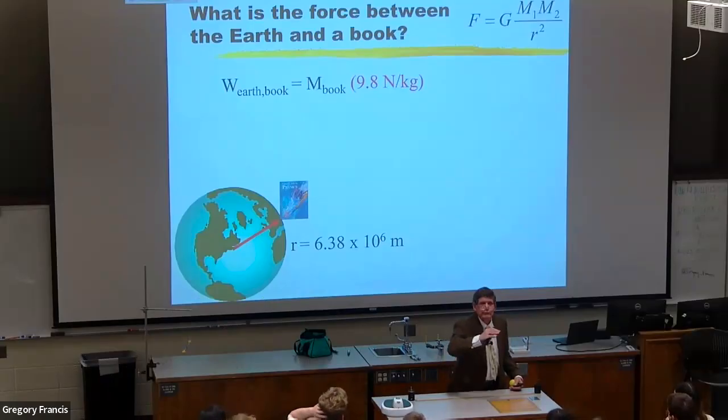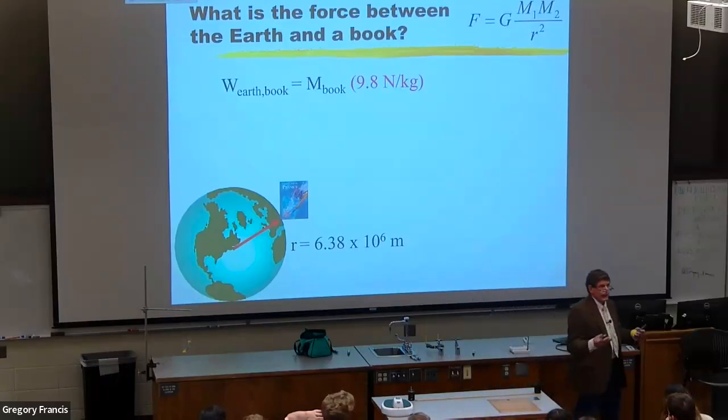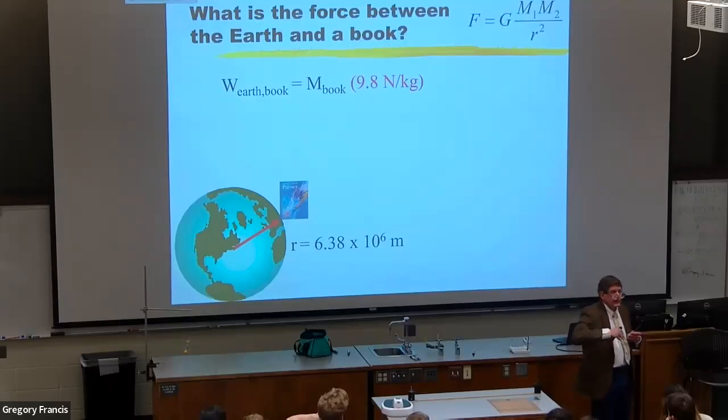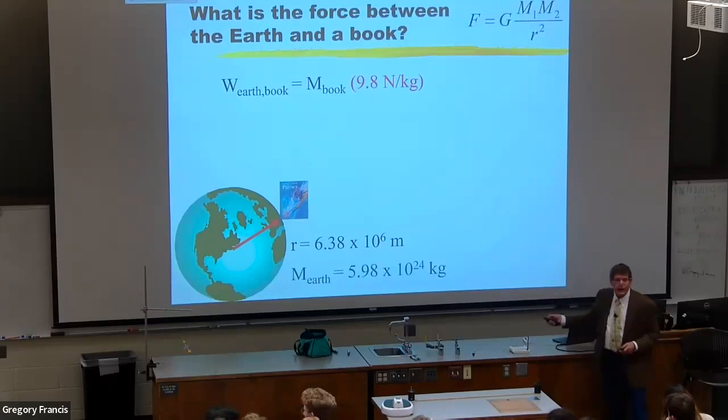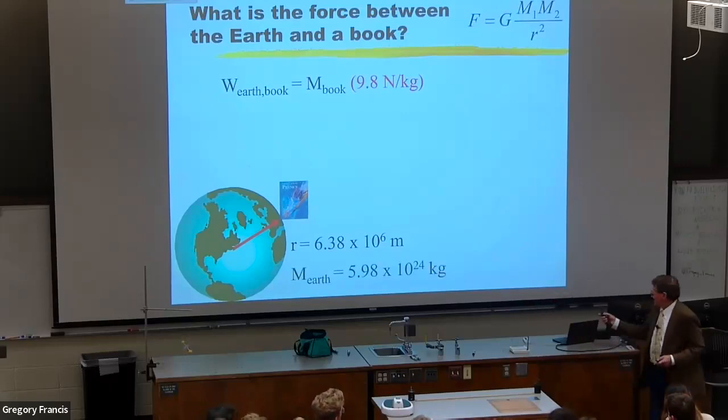But that didn't take into account the curvature of the Earth. And so when they compared their answer to the true answer, and they knew how far away Mount Rainier was from campus, they could figure out the radius of the Earth. It wasn't that hard. What is hard is finding the mass of the Earth.